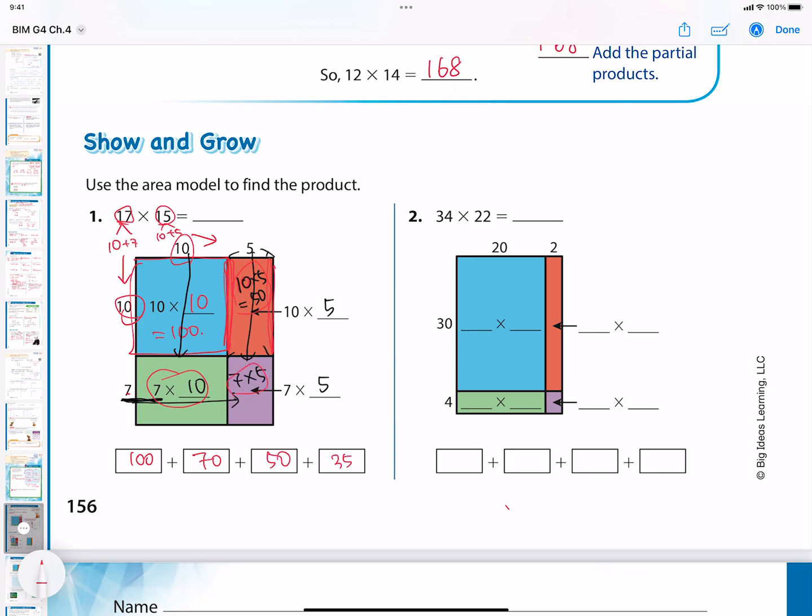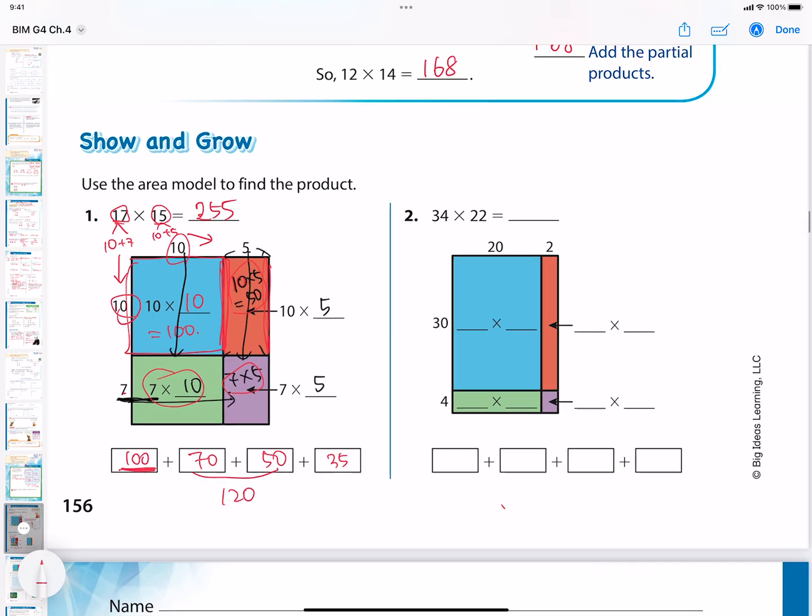When you add them all together, you are going to find 255. Add them together. 100 plus 50 is 150, plus 70 is 120, I'm going to leave it as is and add at the end. Plus 35 is 155. Plus 100, 255. Okay? All right, let's move on.